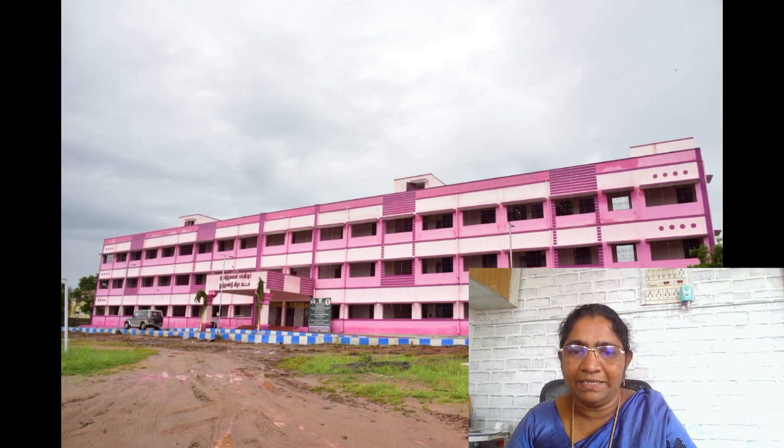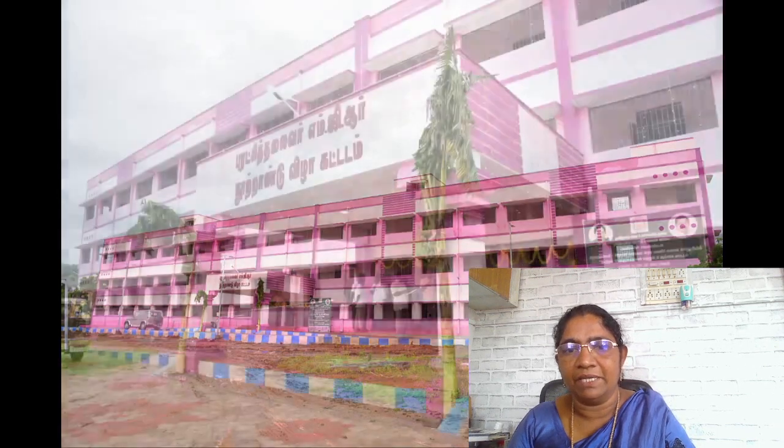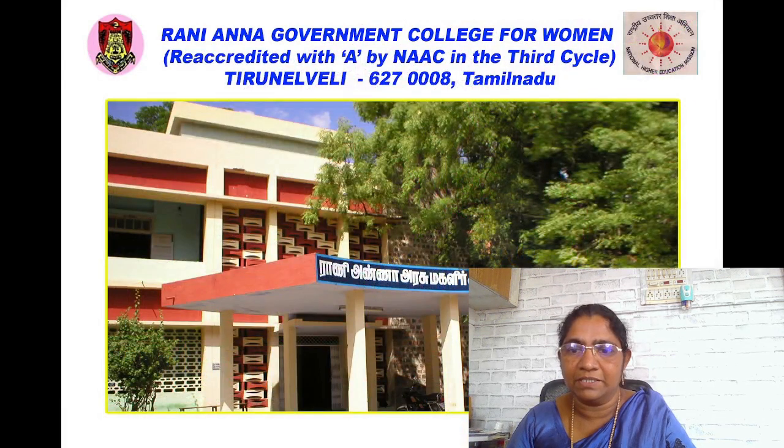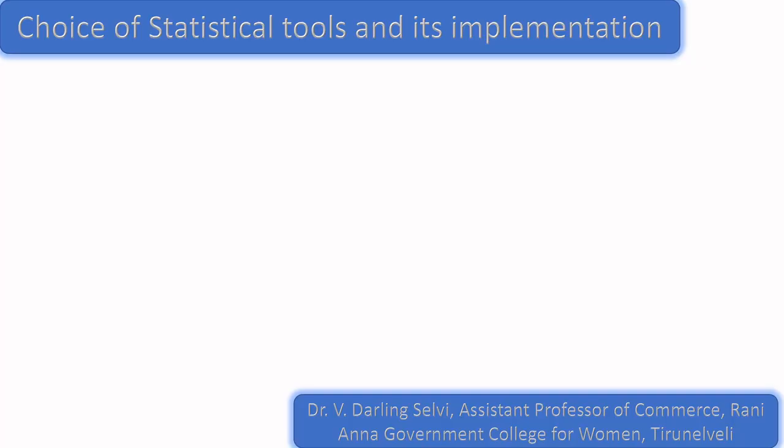As of date, we have 4,290 students in our college studying in various capacities. We have 13 PG courses, 15 UG courses, 4 MPhil courses, and 10 departments are upgraded with a research department. So, let's explore the basic concepts of statistics now.